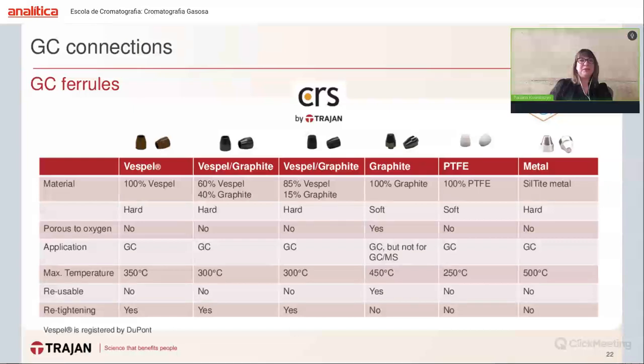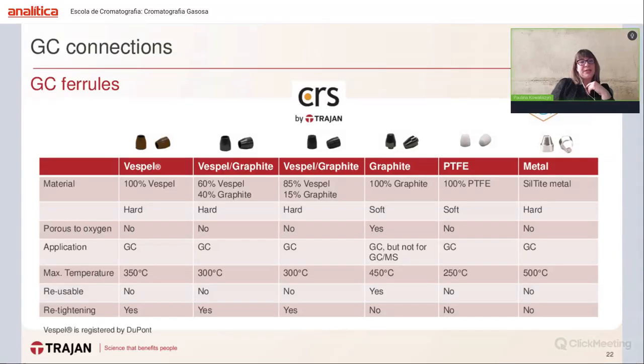Any other will be good, but the graphite will be good for any other detector, but not for the mass spec. Different materials will have also different temperature rating, so the choice of the material will be dependent on our analysis on the temperatures which we are using.